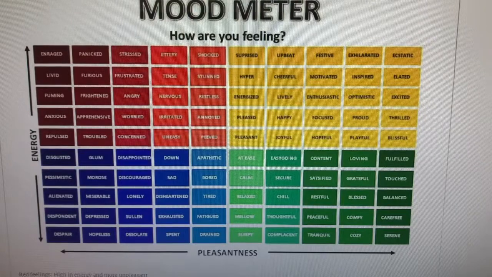Now, finally, let's talk about green. Okay, this is in the right lower quadrant. So when you look down here, the level of pleasantness, that's going to be heightened here. And that's great, right? But our energy level is still going to be lower.